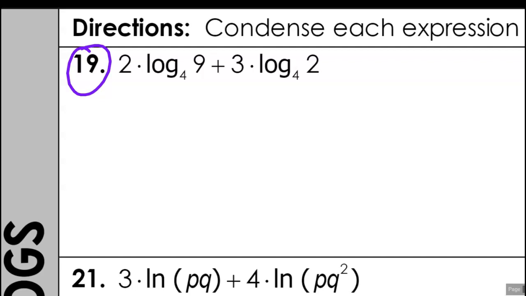What can you do with coefficients on logs that condenses them into just a single log and an argument? How?